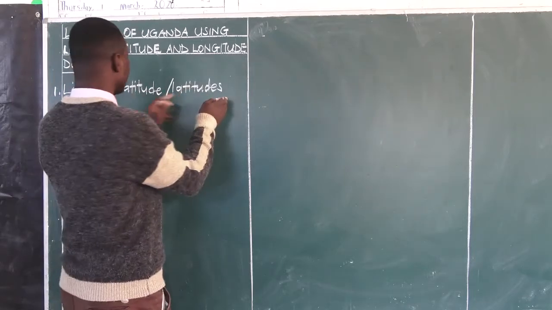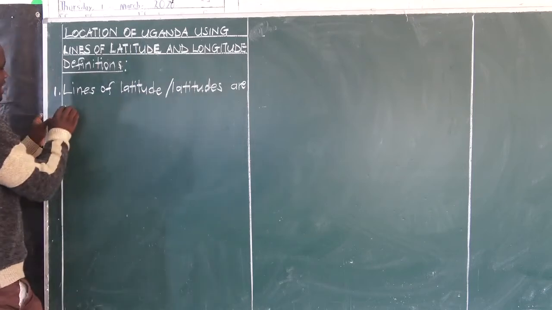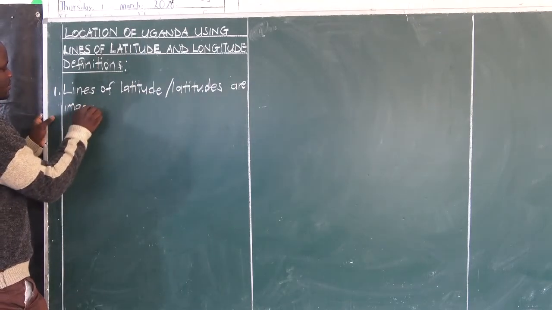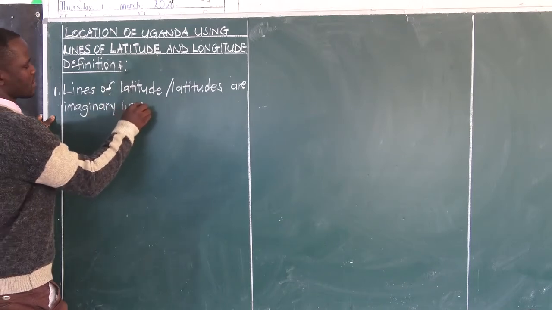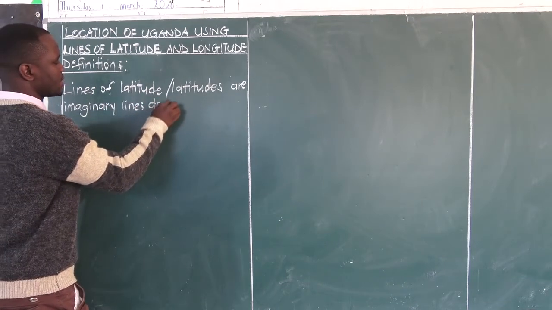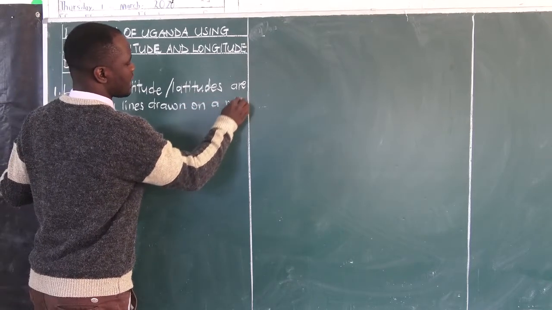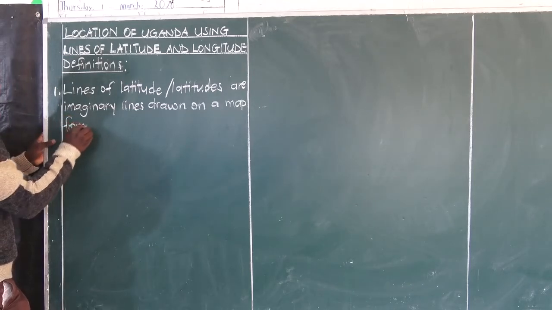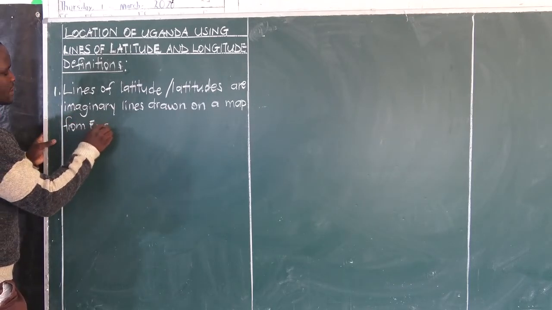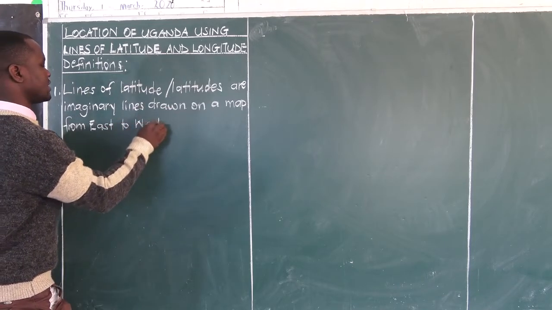Now latitudes or lines of latitude are the imaginary lines drawn on a map from east to west.